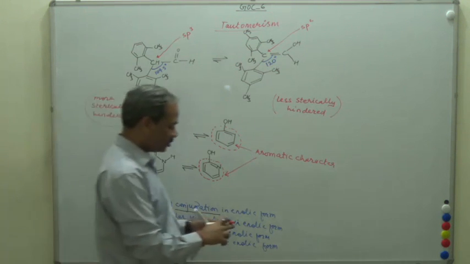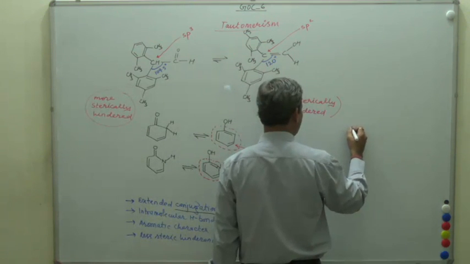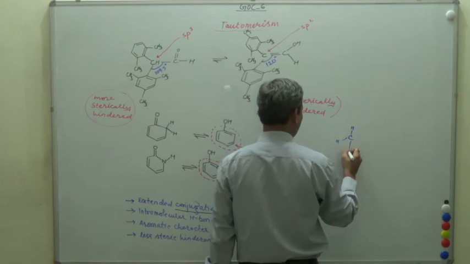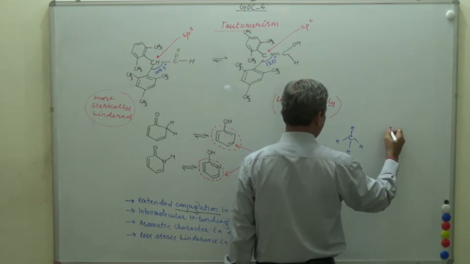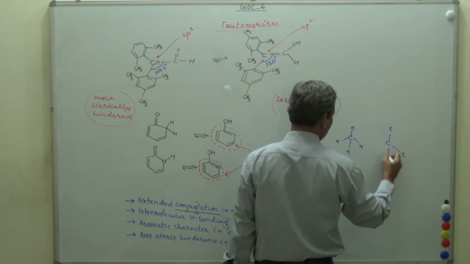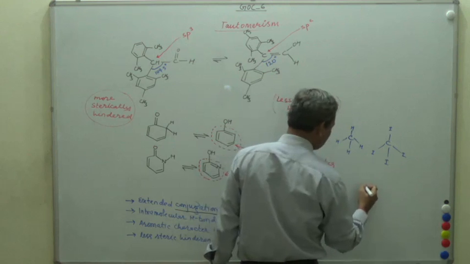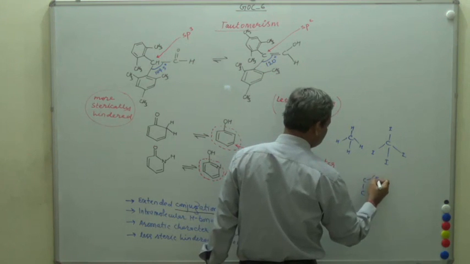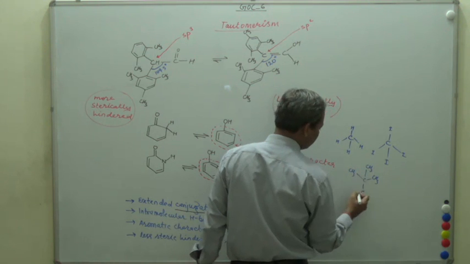So steric hindrance means crowding around an atom. For example, this is carbon with 4 hydrogen atoms, and this is carbon with 4 iodine atoms. Now you can imagine the size of an iodine atom with respect to a hydrogen atom.